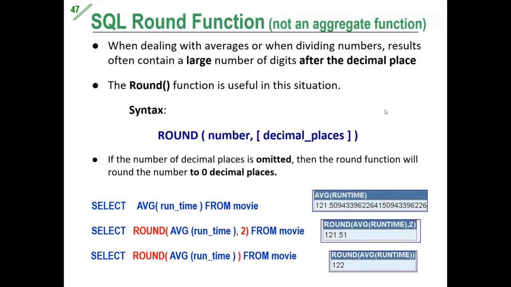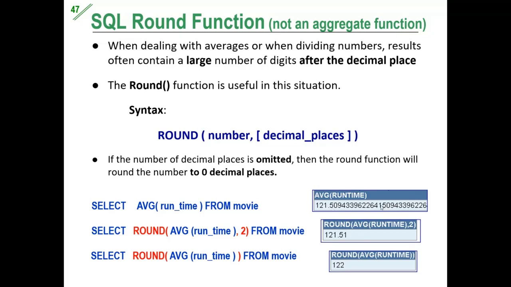Most of the time, when we use these aggregate functions, we tend to use them with the round function. The round function is not an aggregate function, by the way. It rounds numbers, because sometimes when you run a query like this, where I want to calculate the average runtime of my movie column, you will get a very ugly number with too many decimal points, right?